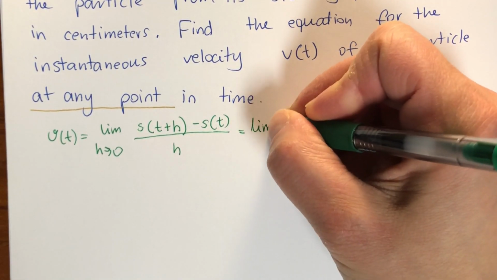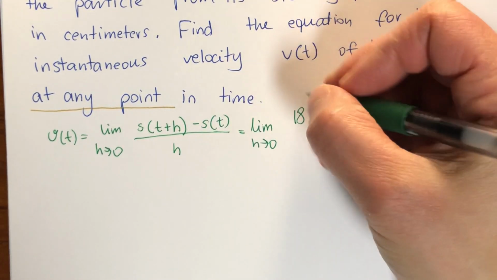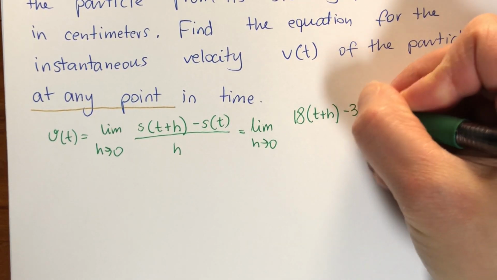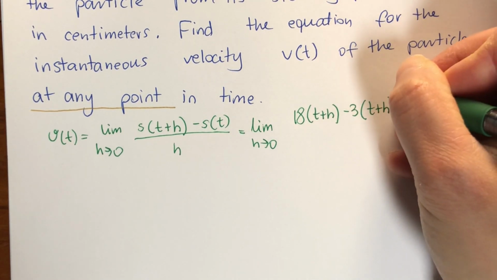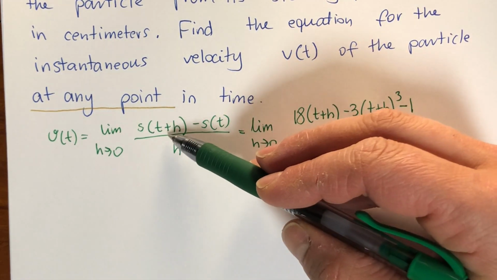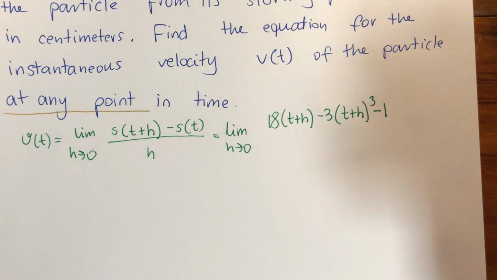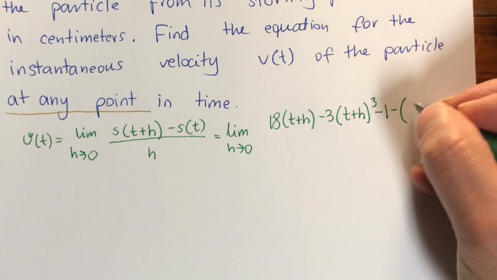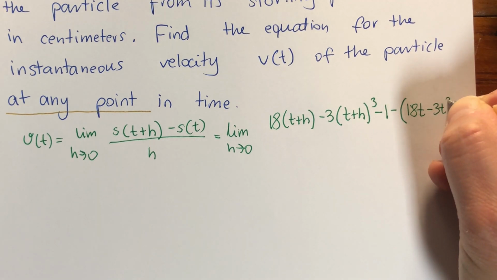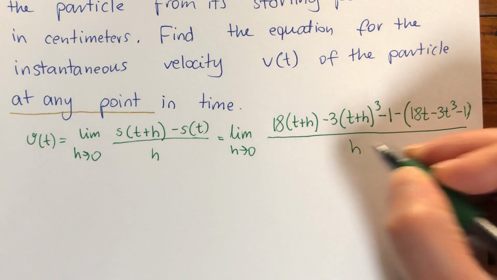So limit, let's not forget about that. 18 in place of t, we'll plug in t plus h, minus 3 and then t plus h to the power of 3 minus 1. So this is the first part where I plugged in t plus h in place of t. And then I will have minus, make sure you put this in parentheses, that's important, 18t minus 3t to the third minus 1. This is just my s of t, divided by h.